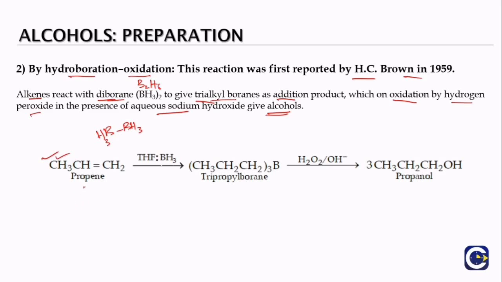Here we have taken the example of propene. Propene is reacted with BH3. BH3 is borane, the monomer of boron hydride, and in this reaction the borane is used for the formation of alcohol. We add diborane in solution, it breaks into its monomer, and the monomer is then used for the reaction.